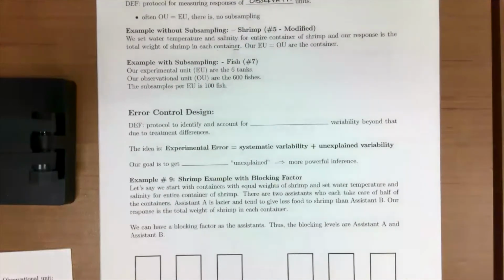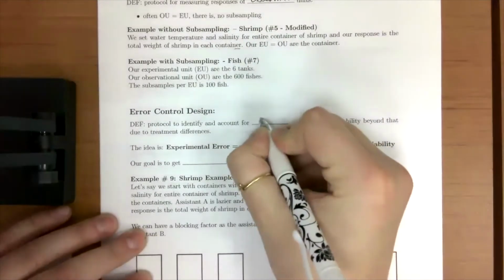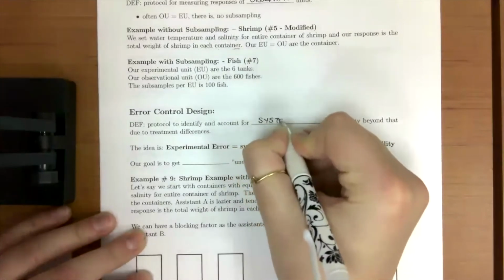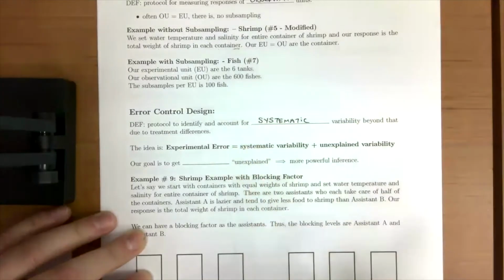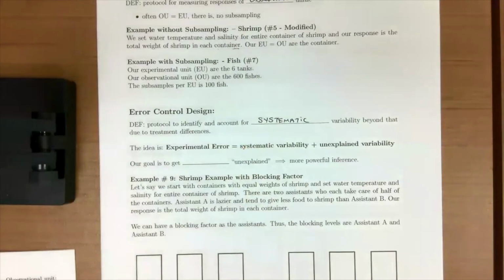The third topic of the design aspects was the error control design. And so this is, again, the protocol to identify and account for systematic variability beyond that due to treatment difference. So the idea of design of experiments is that we want to explain things as well as we can.